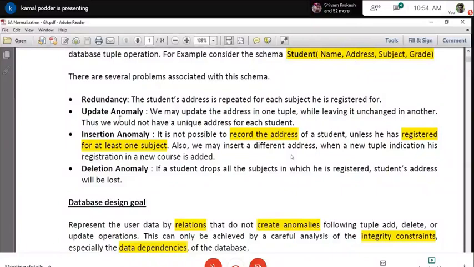Now let's see the update anomaly. We may update the address in one tuple, in one record. Say there are 5 subjects you have taken, so 5 grades you have got, and 5 times you are repeating the address. That means in that database you have 5 records. Now suppose suddenly you have changed your address and informed the institute. Naturally I have to change the address with the help of some application.